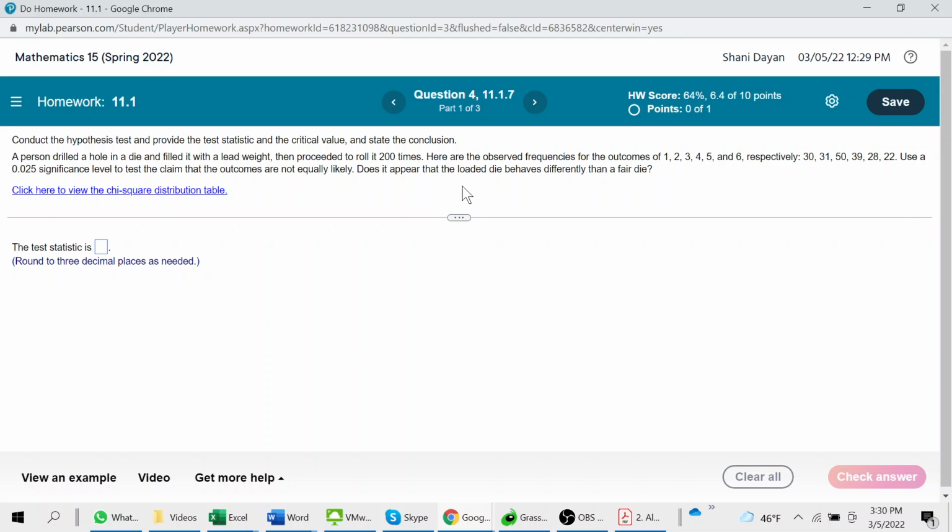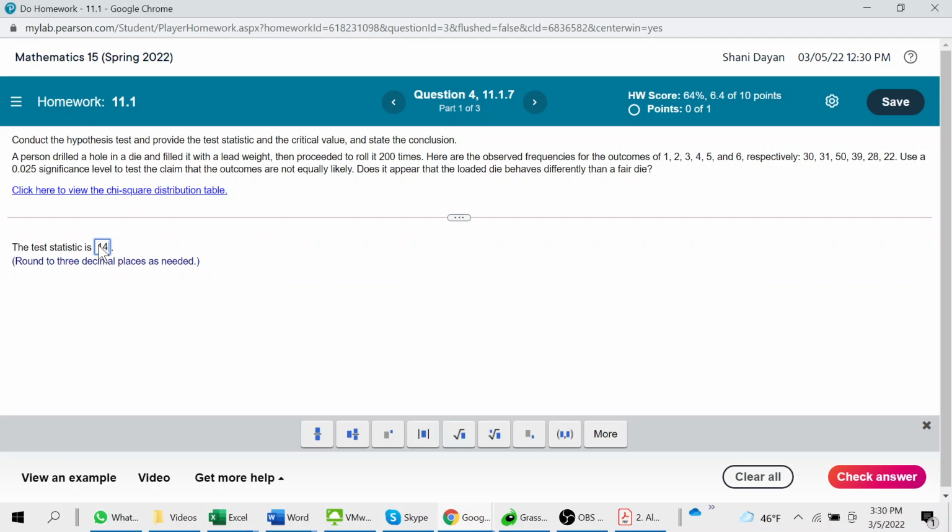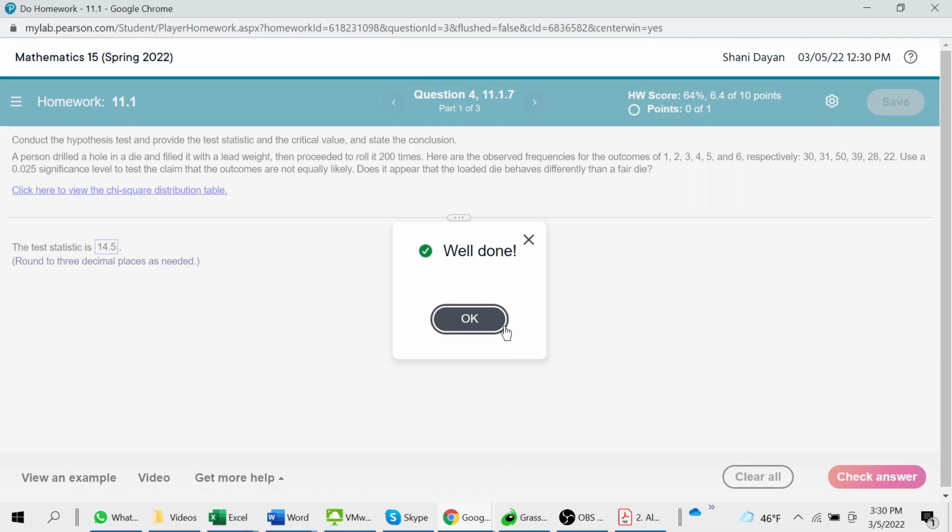Then I'm going to run the goodness of fit test. Observed L1, expected L2, degrees of freedom is 5. Looks like the test statistic is 14.5. Well done.